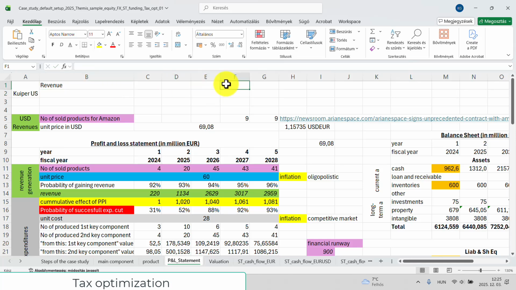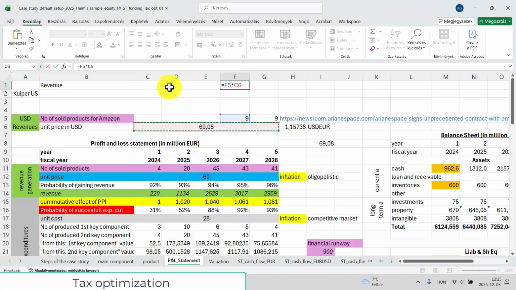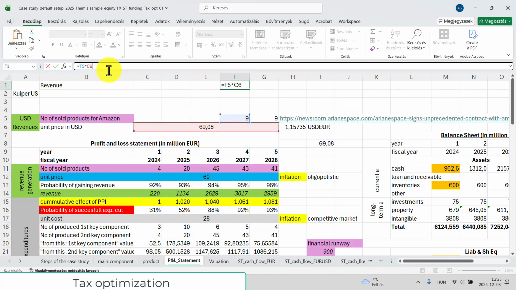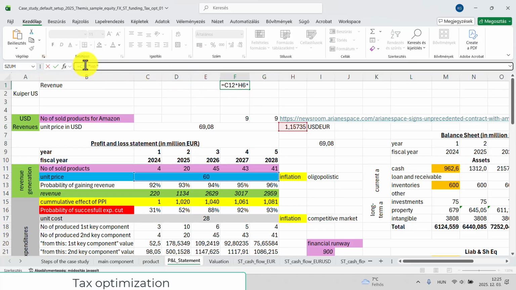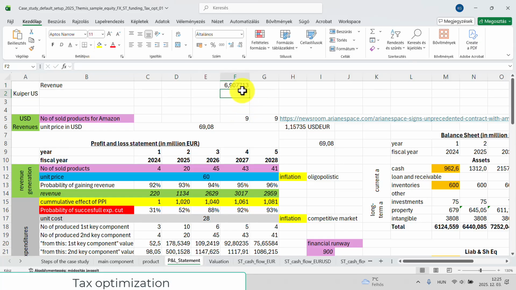This amount of money, 9 times this, multiplied by 0.1. Maybe let's copy just the, yeah. So this is the markup that we are collecting.